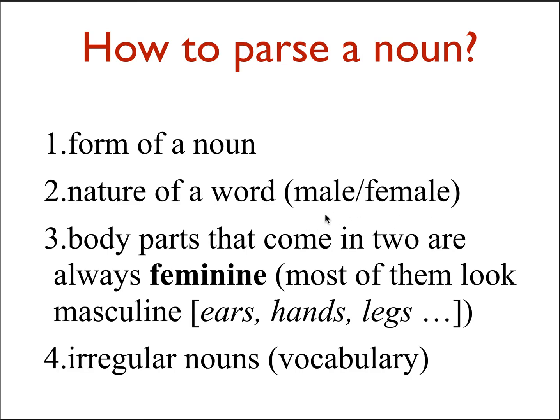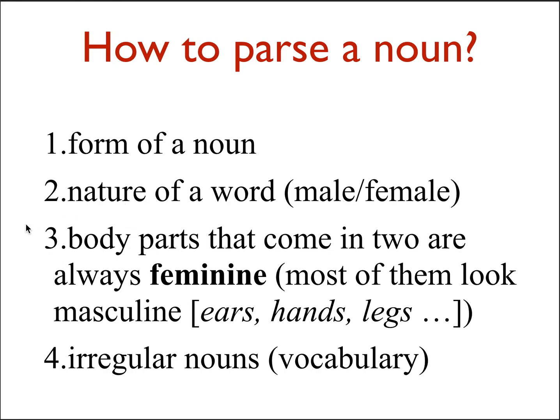So a male word, for example, a son, a grandson, that would be a male, so therefore this would be masculine. If by nature the word is female, feminine, some kind of an animal or a person like a daughter, that would be a female, and therefore by nature the word would be feminine. So even though the word may look masculine, if the nature of the word is feminine, therefore it would be a feminine word.